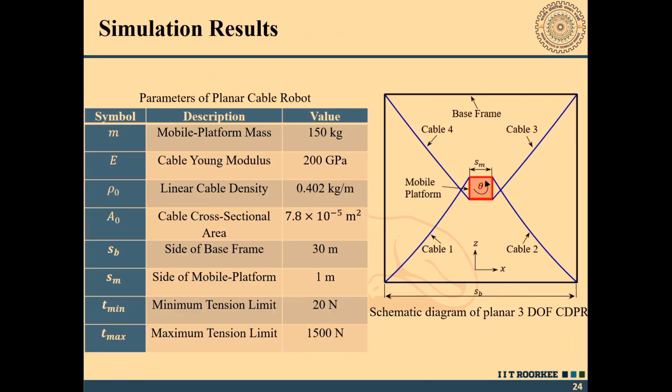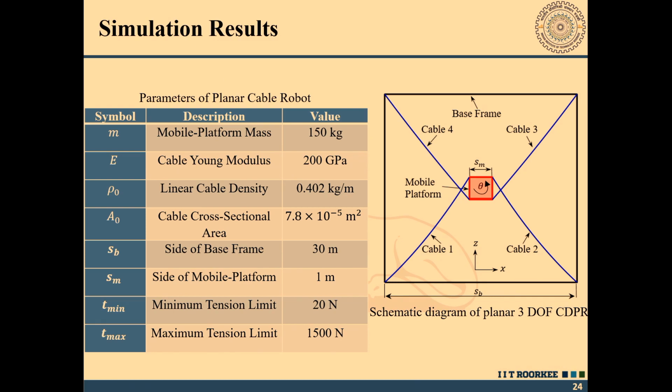So, we carried out the simulation for the planar case, basically a 3 degree of freedom cable driven parallel robot. The 3 degrees of freedom of the mobile platform basically mean 2 Cartesian motions, x and z, and 1 rotation, this one.